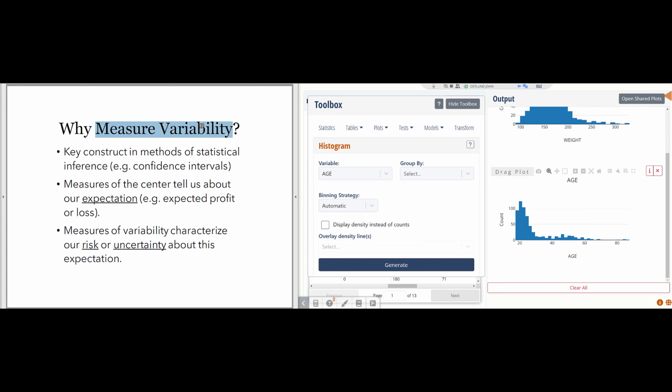Now, why do we need to care about these measures of variability? Well, for one thing, we want to be able to say something like, we believe that the average return on the S&P 500 over time is 7% above the inflation rate, and we are 95% confident that that is true.